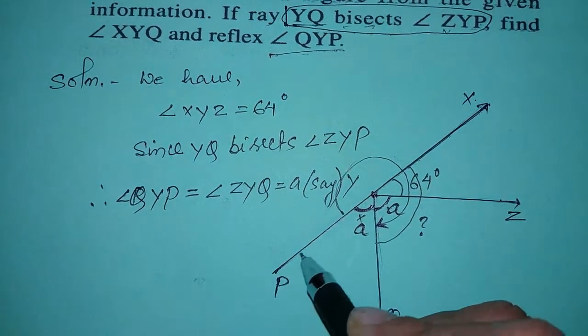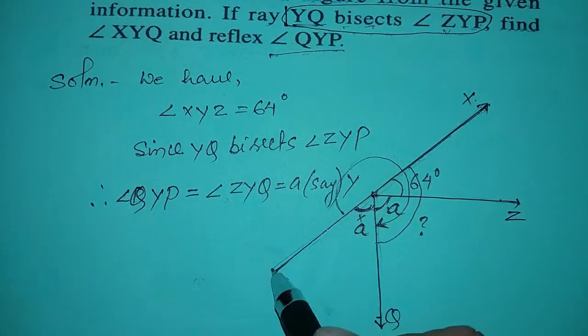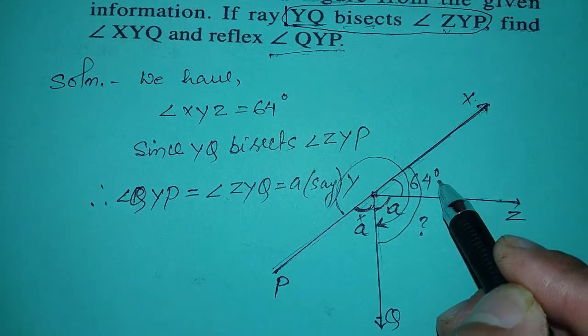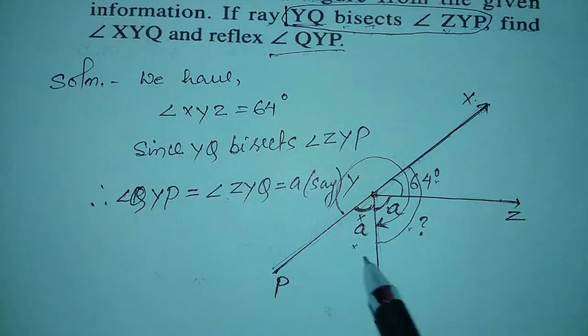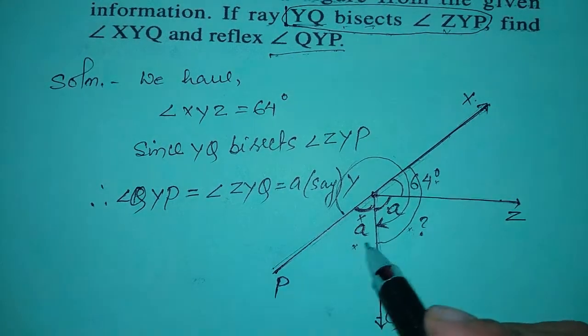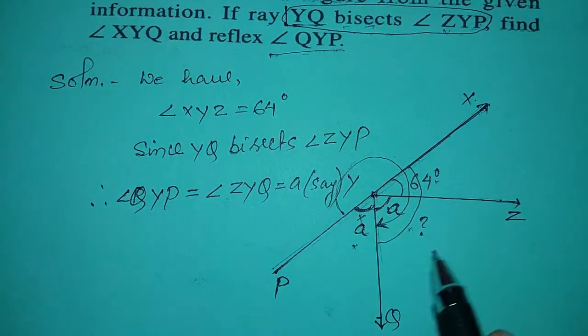Now since XP is a straight line, the sum of these three angles will be 180 degree.